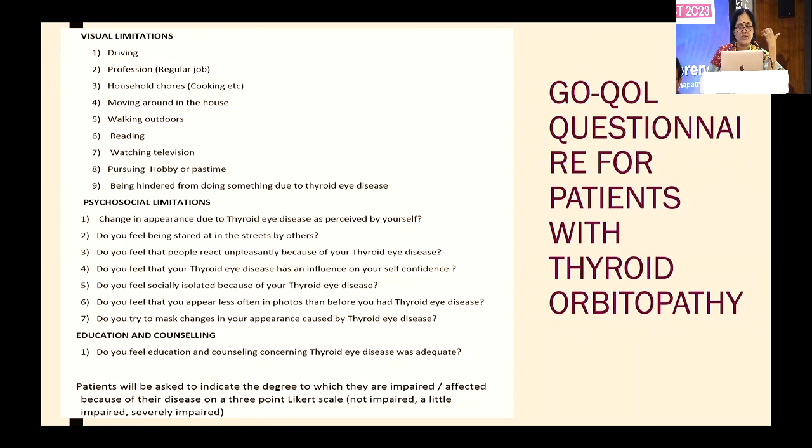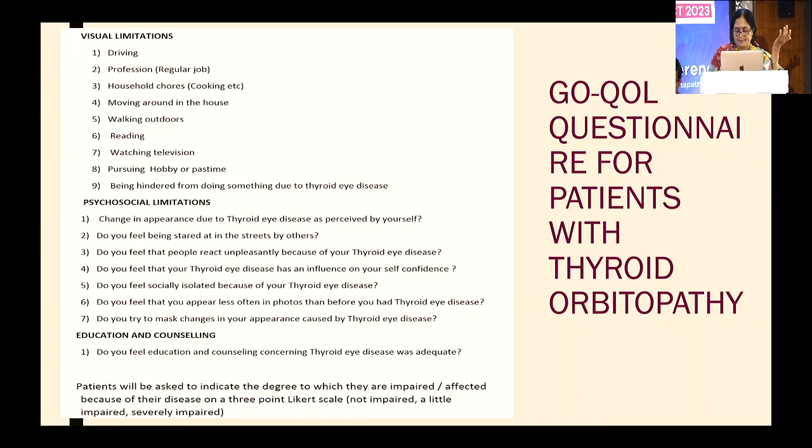And we used a questionnaire where we used questions about visual limitations during driving, the profession, what they do, household chores, depending on the category of the patient. Psychosocial limitations, where the patient was not able to go and mingle with people in functions and other things.